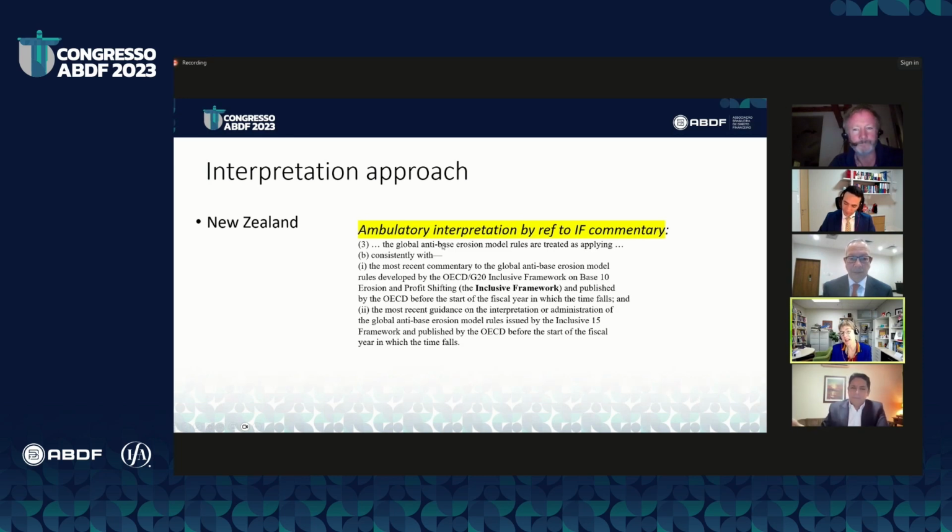So the global anti-base erosion model rules are treated as applying consistently with the most recent commentary published by the OECD before the start of the fiscal year of the relevant time for the rule. So this is ambulatory, right? The interpretation of the domestic Pillar 2 rule, the GLOBE, will follow changes in the model rules and the model commentary over time.